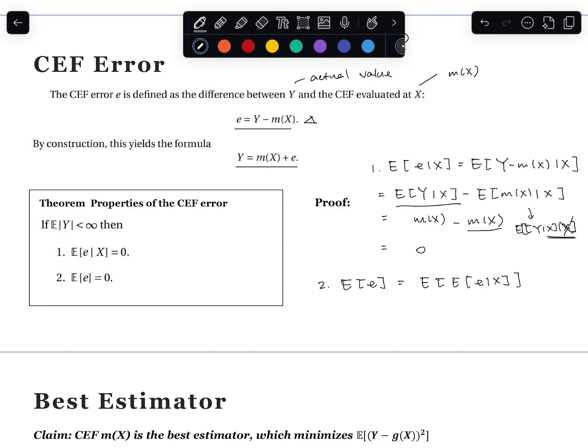We can add an expectation and a conditional x, and it will not influence the value, and it will just equal the expectation of the error. And then because we already know this one is 0, it will turn out to be 0.